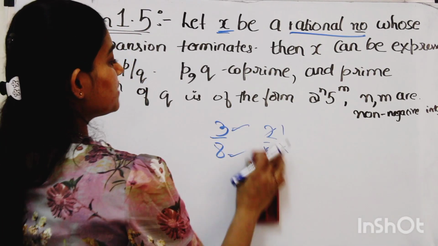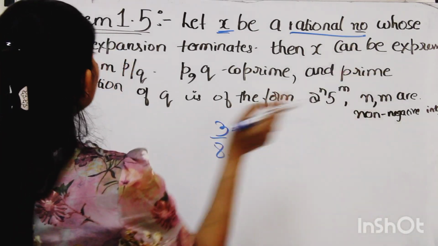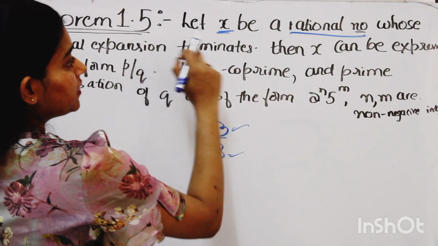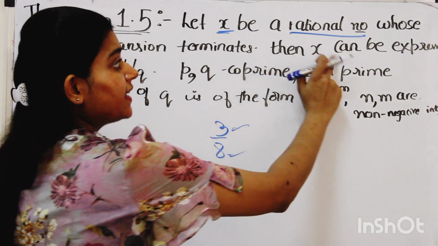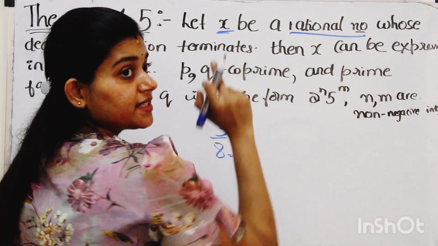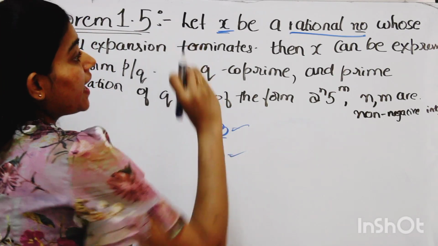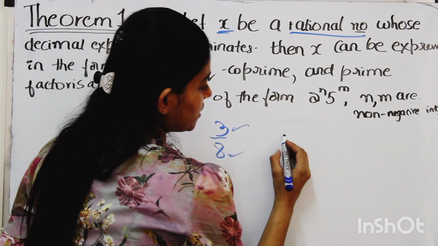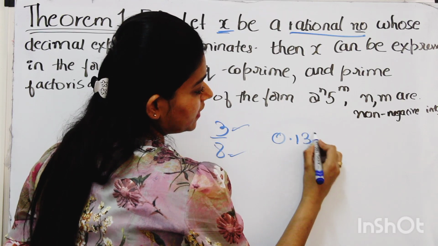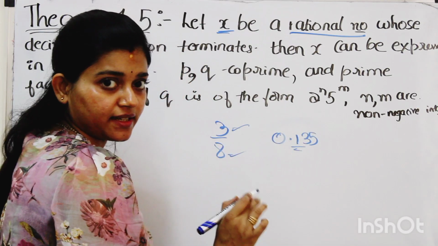So what is it? Let x be a rational number whose decimal expansion terminates. Terminates means what? There is an end after the decimal expansion. For example, 0.135. So this is terminating.